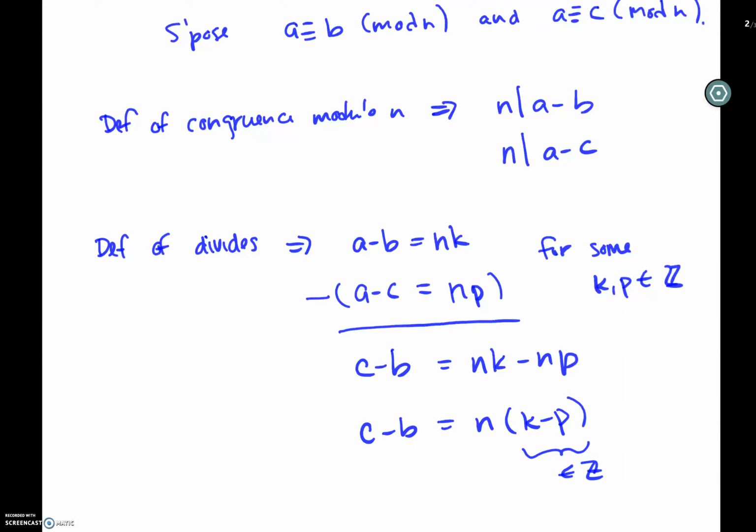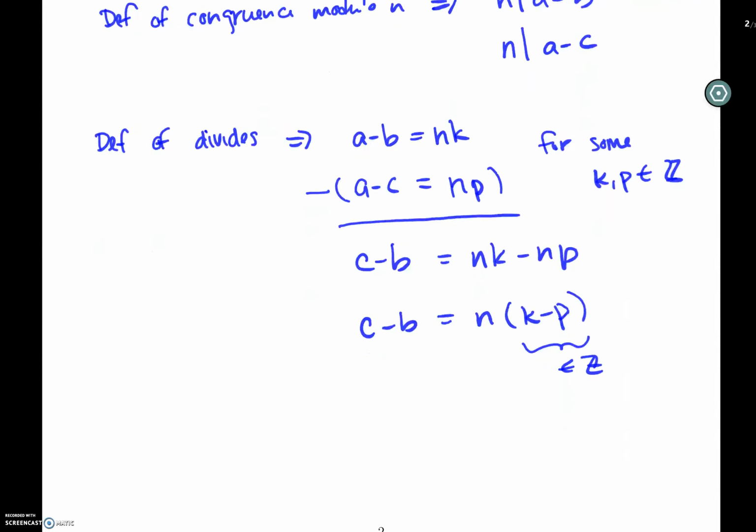So now we've written c minus b as a multiple of n, which in turn, from the definition of divides, also tells me that n divides c minus b.